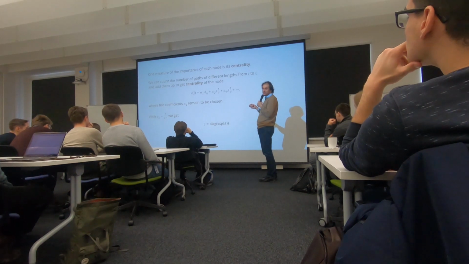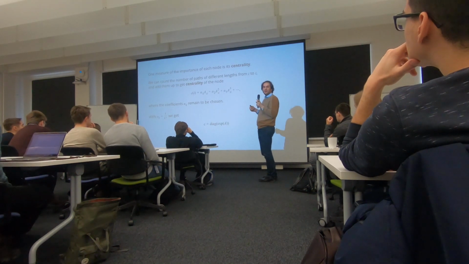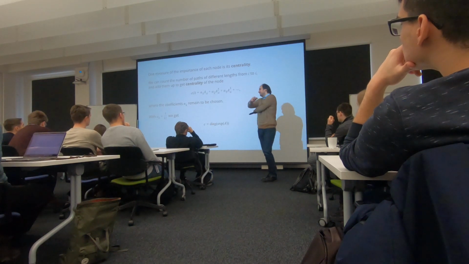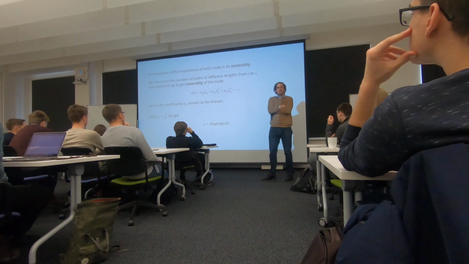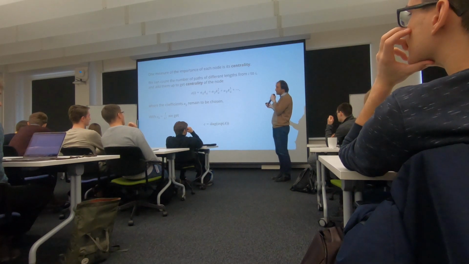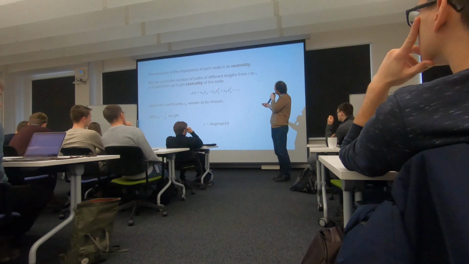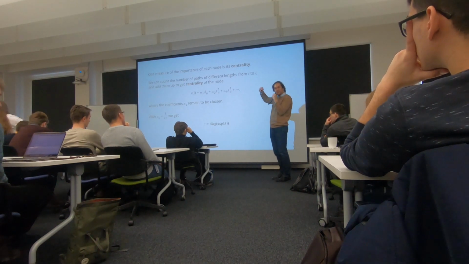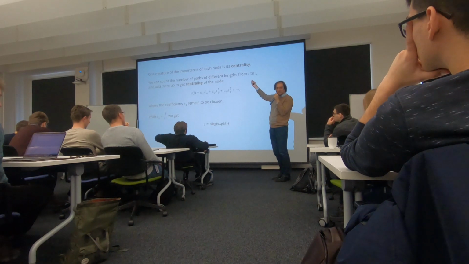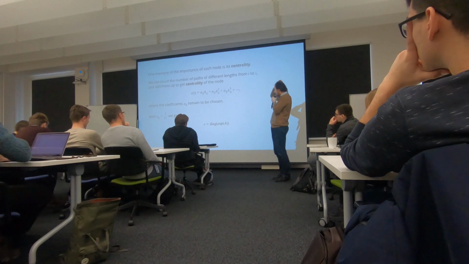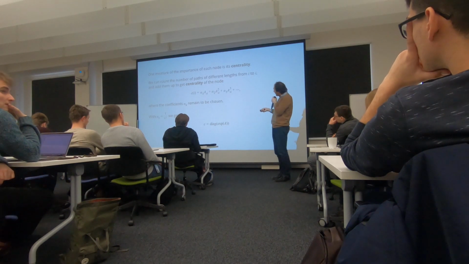If A is an adjacency matrix, what's the meaning of the diagonal element of the square of the matrix? Yeah, it's the degree. It's the number of neighbors. And this one, well, it's the number of second order neighbors. So it's the number of friends, friends of friends, and so on.